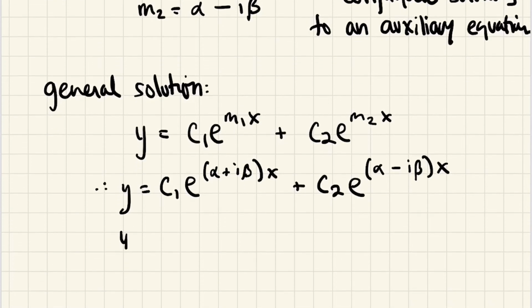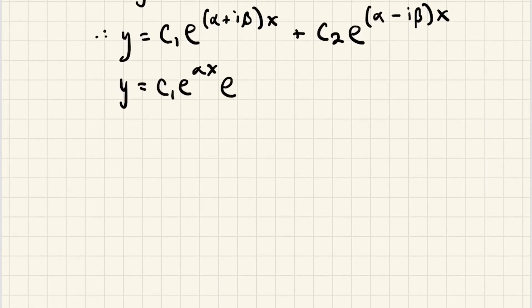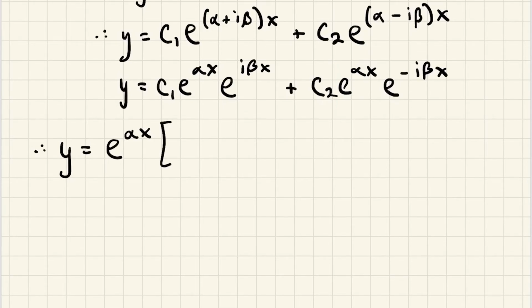So we can write this as c1 e to the alpha x e to the i beta x plus c2 e to the alpha x times e to the negative i beta x. All right, so this allows us to factor out the e to the alpha x, which is a common factor here. So we get y equals e to the alpha x times c1 e to the i beta x plus c2 e to the negative i beta x.